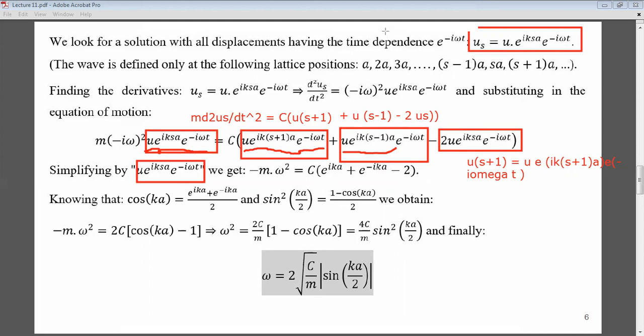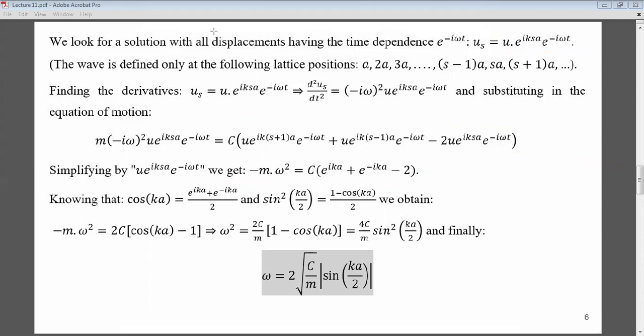Okay, now let me erase all drawings. I'm gonna use this identity, which is cosine ka equals e to the ika plus e to the minus ika, divided by 2. Okay, because you see here, I have e to the ika plus e to the minus ika.